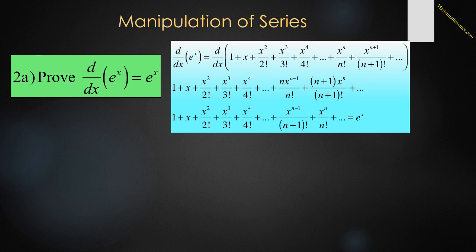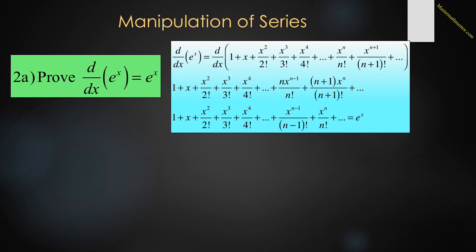We take the derivative with respect to x of e to the x, which is the derivative with respect to x of 1 plus x squared over 2 factorial plus x cubed over 3 factorial plus x to the 4th over 4 factorial plus dot dot dot plus x to the n over n factorial plus x to the n plus 1 over n plus 1 factorial plus dot dot dot.